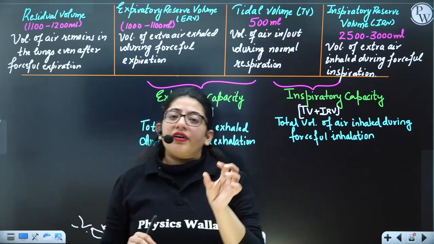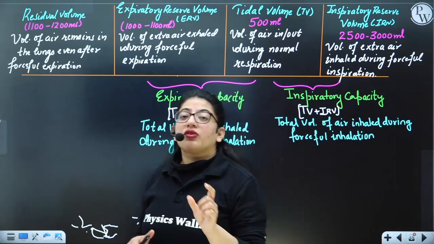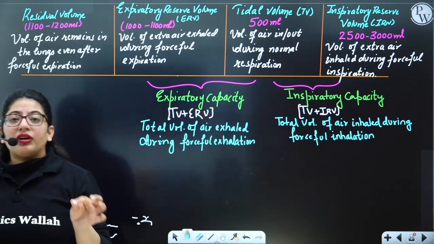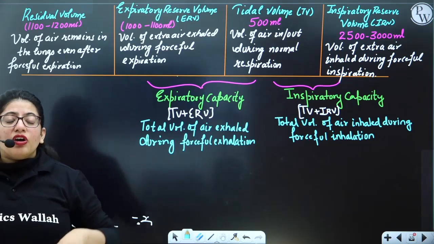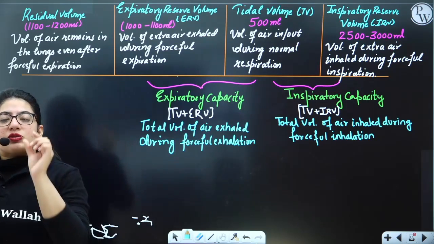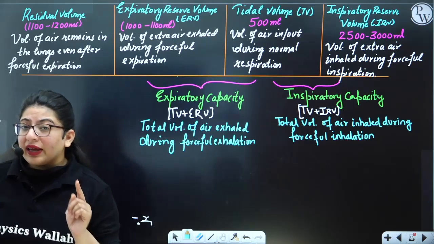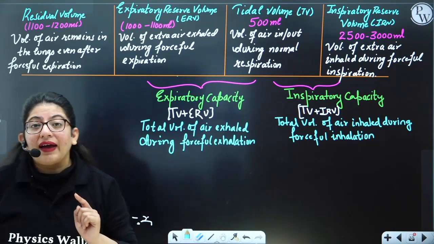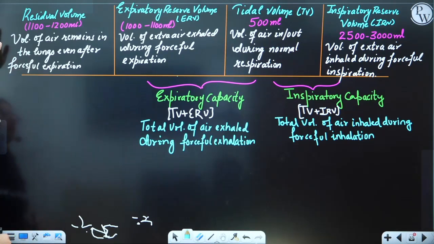Still, some of the air remains in the lung, and that is your residual volume. Even after I expire with all the effort I can make, a small amount of air remains in your lung, and that is residual volume. The volume of air that remains in the lung even after forceful expiration is your residual volume.